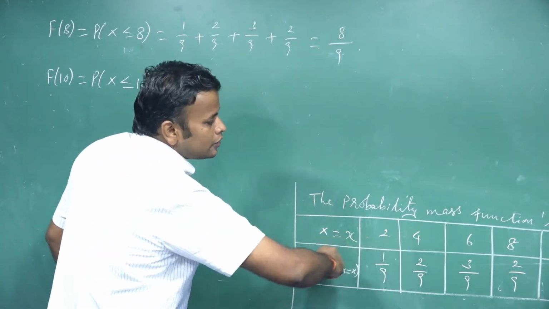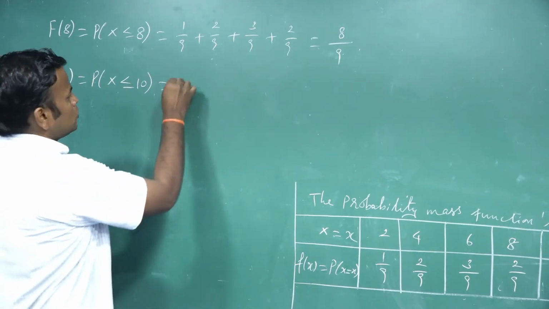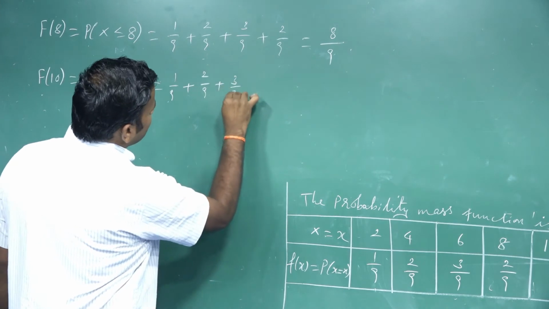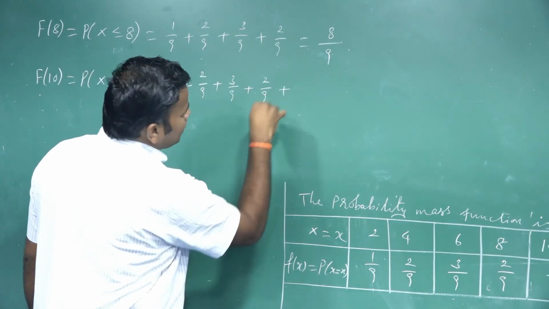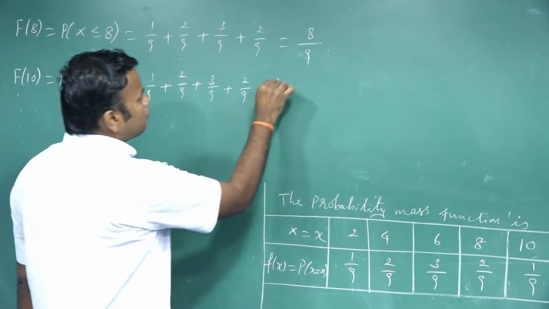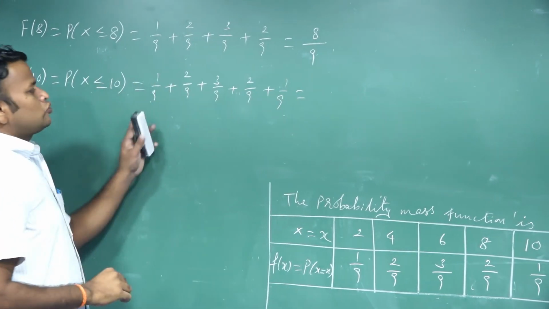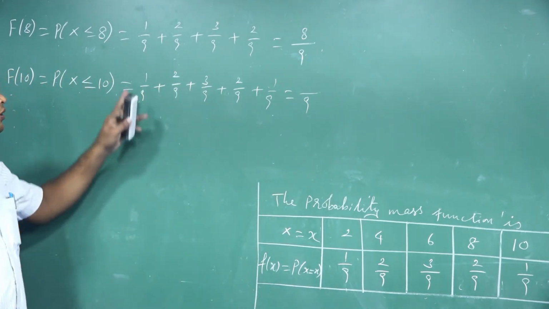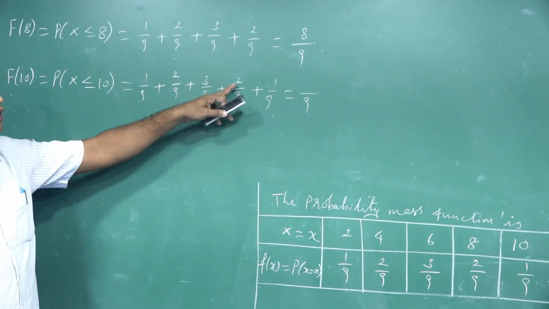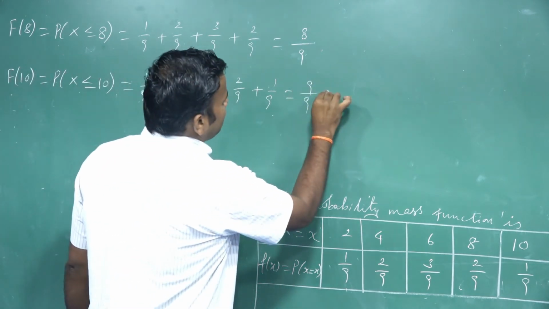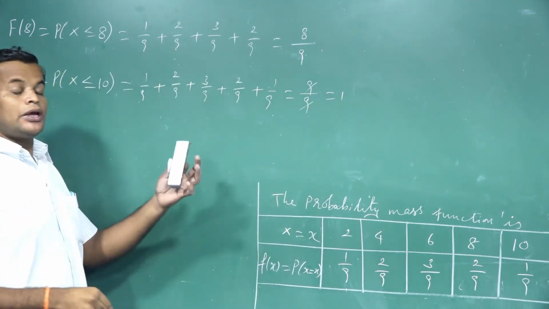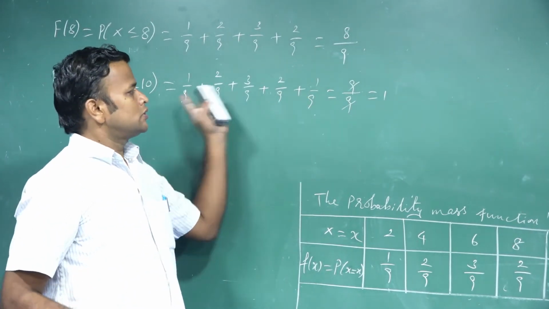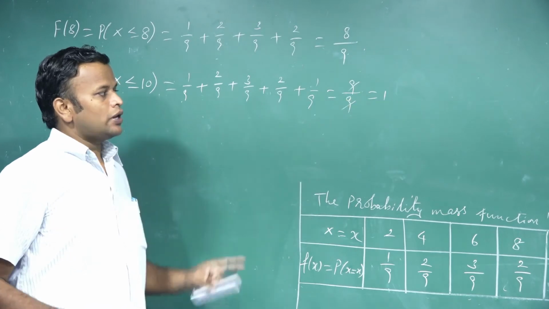You add 8 by 9 plus 1 by 9. So 1 by 9 plus 2 by 9, 3 by 9 plus 2 by 9, and the last value is 1 by 9. To add, the denominator is 9 and the numerator is 3, 6, 7, 8, 9. 9 by 9 is 1. The remaining also had a chance to cancel, but for our denominator same process, so we don't cancel. The final answer, so I cancelled it.